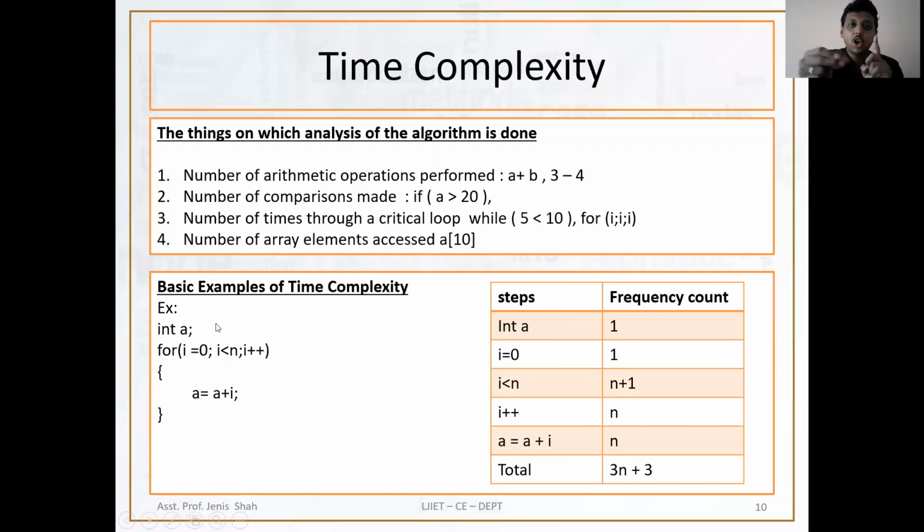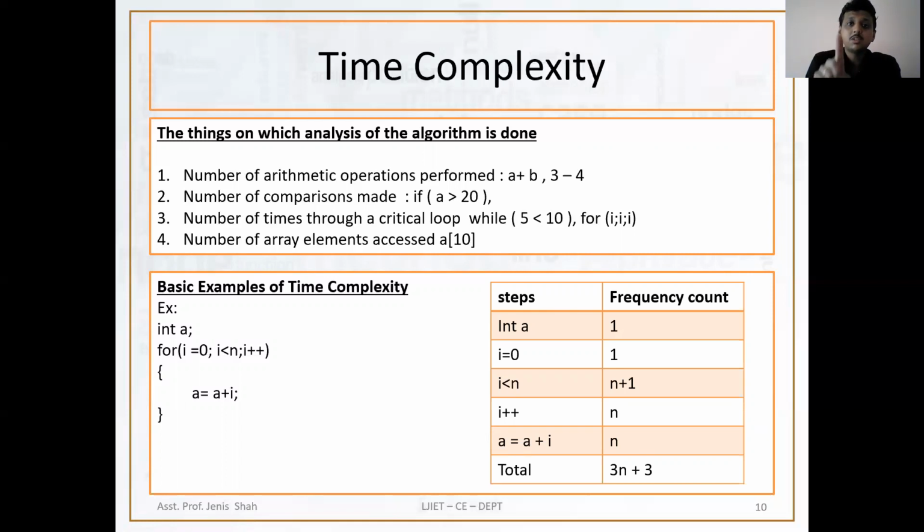Now, i less than n. How many times will it be executed? If n is equal to 3, then for i is equal to 0: 0 less than 3, 1 less than 3, 2 less than 3. Fine, 3 times executed for 0, 1 and 2. But again i plus plus, it becomes 3, and 3 less than 3 will be false.